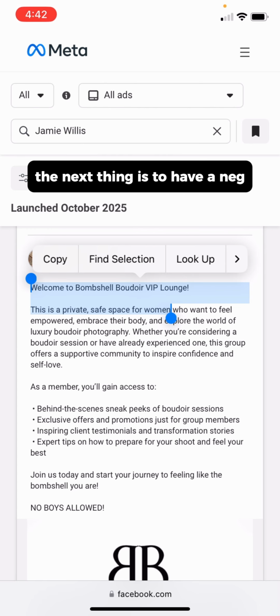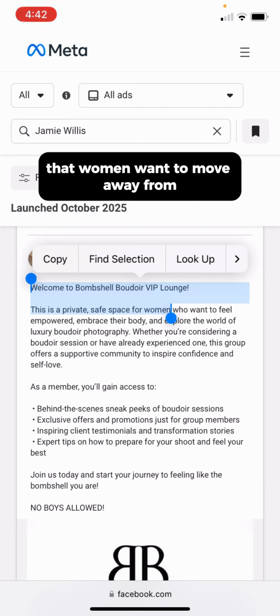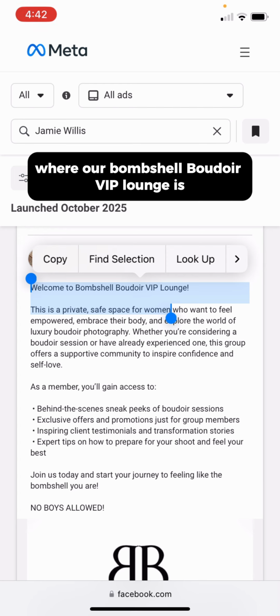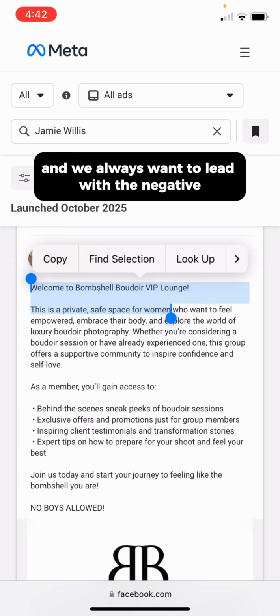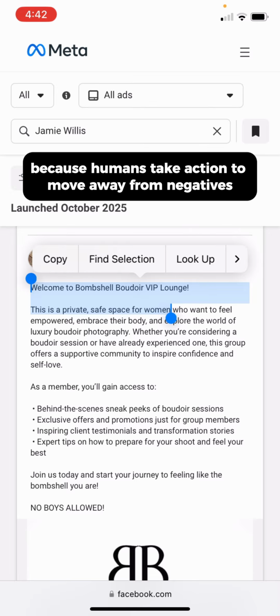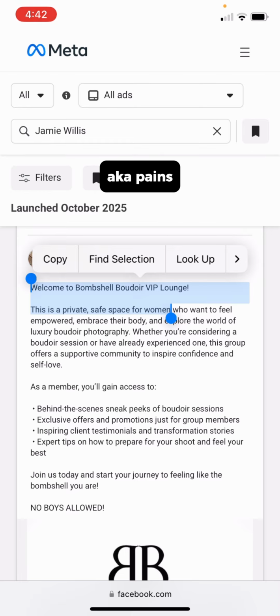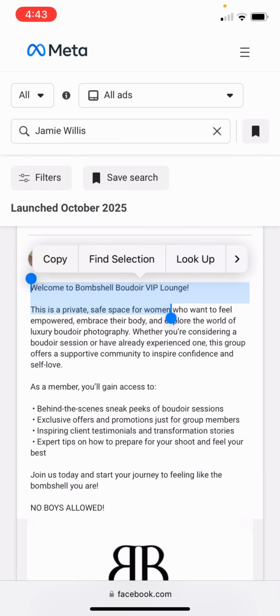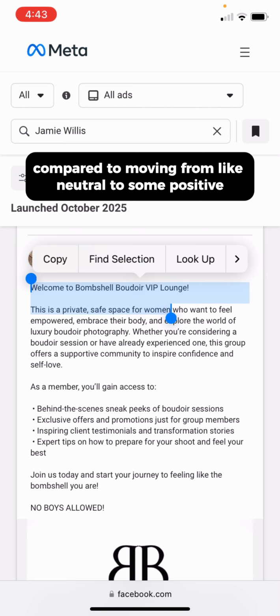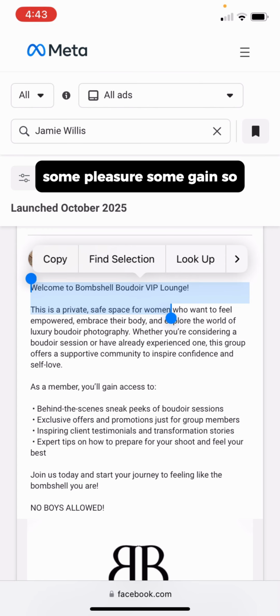The next thing is, do we have a negative experience that women want to move away from, where our Bombshell Boudoir VIP Lounge is the solution or the bridge to get them away from that negative? We always want to lead with the negative because humans take action to move away from negatives, aka pains, at like 100x the rate compared to moving from neutral to some positive, some pleasure, some gain.